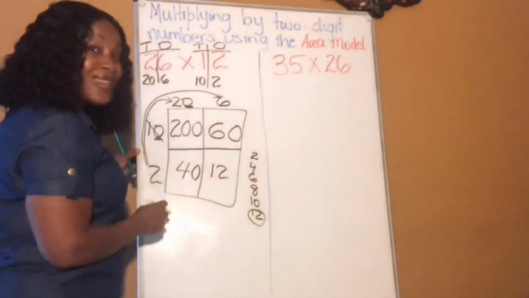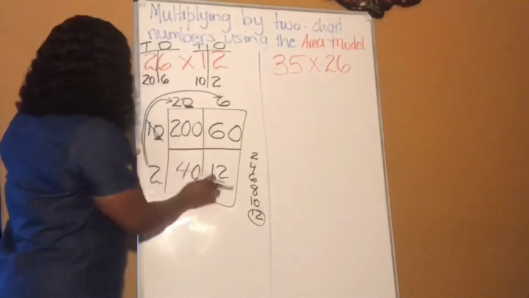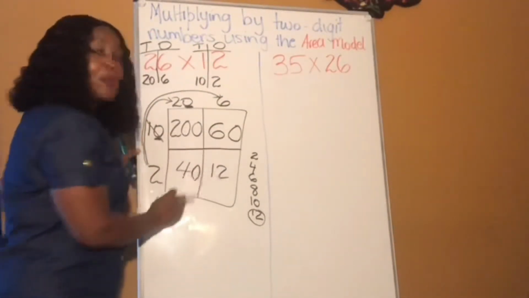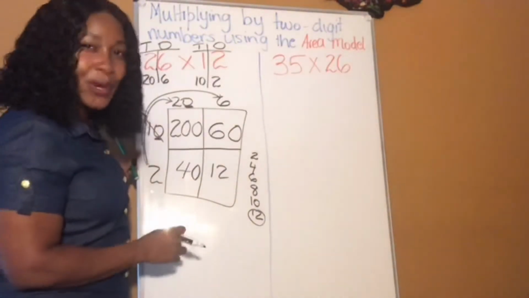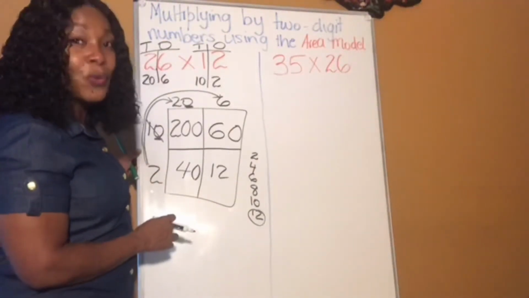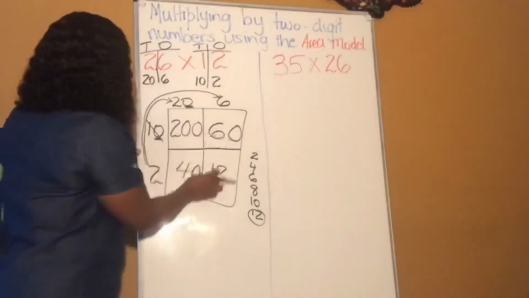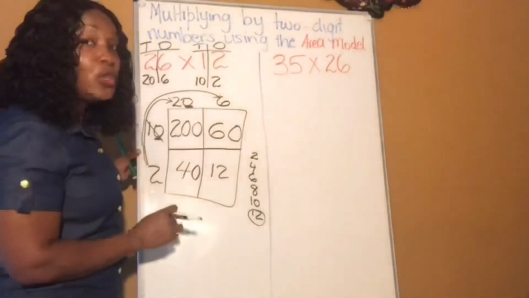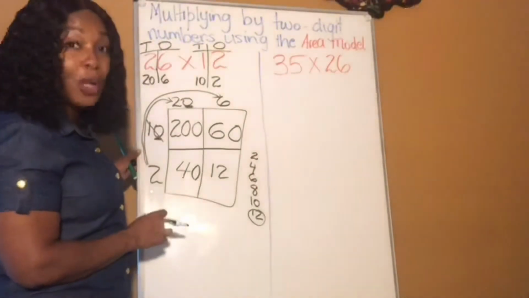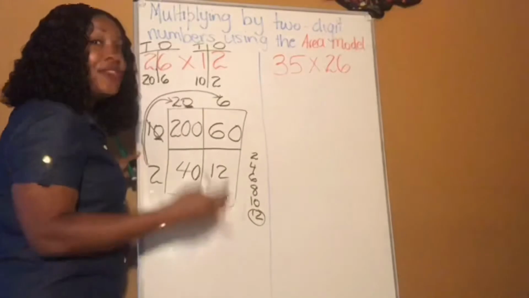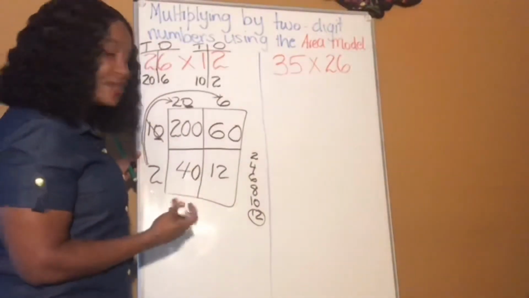Now, these are our partial products. So we have 1, 2, 3, 4 partial products. What do you think we're going to do with them? Yes, we're going to add them all up. Remember, when it's 4 numbers that you have to add, you don't have to add them all together. You can add 2, then the next 2, and then you add the 2 answers.